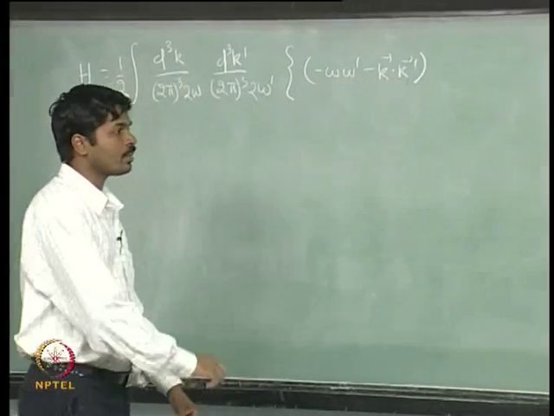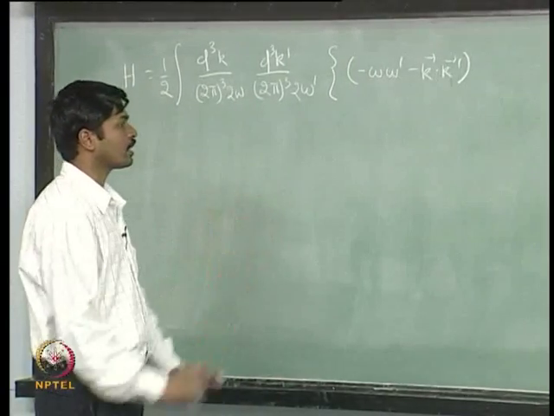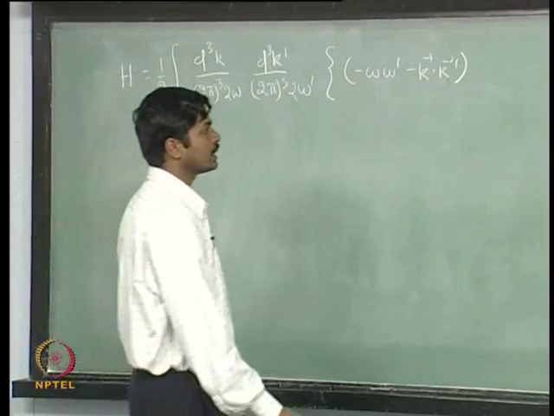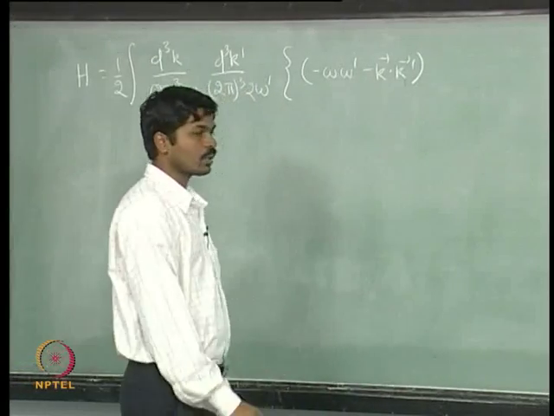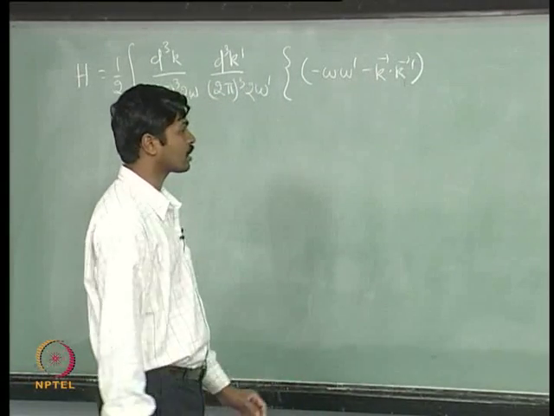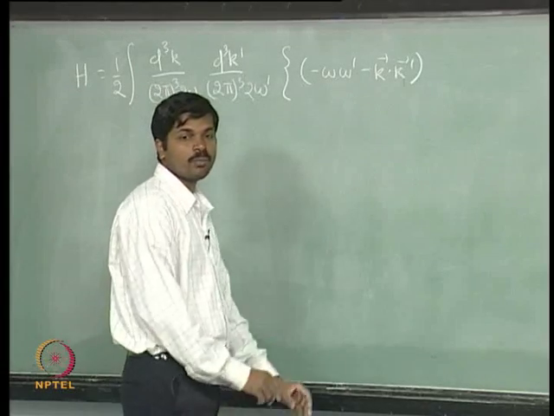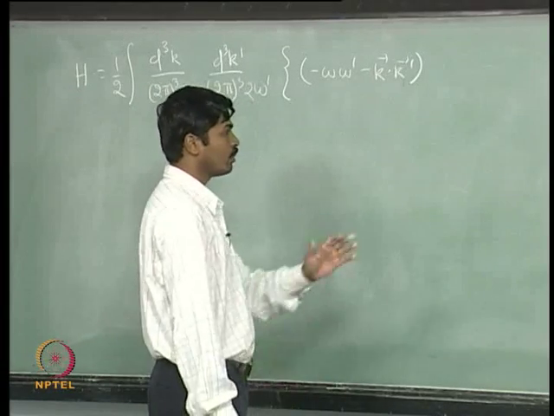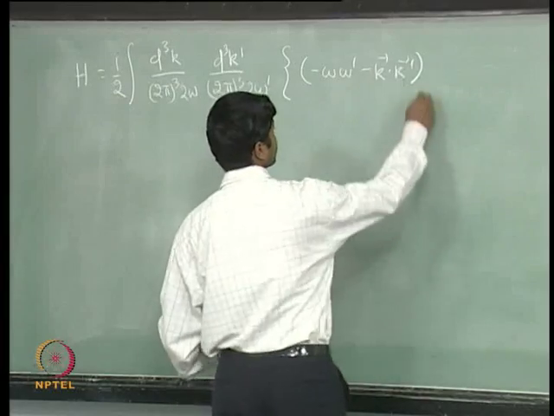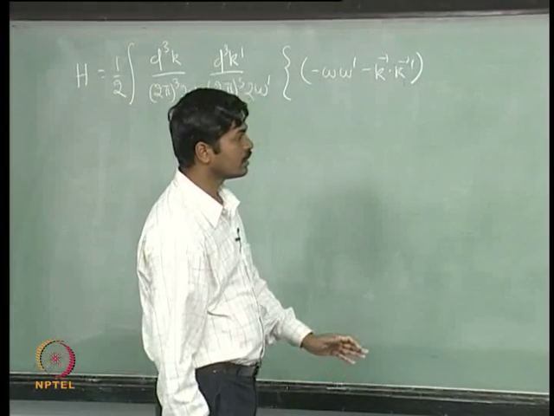Let us now worry about the details of the operator ordering, because now a's and a daggers are operators, we have to worry about their orderings also, whereas e to the power i k x is a number. So, you do not worry about where it is placed inside the integration.